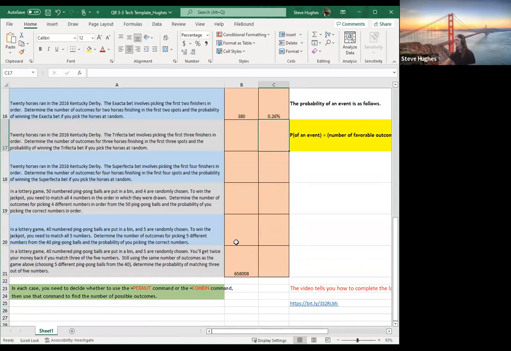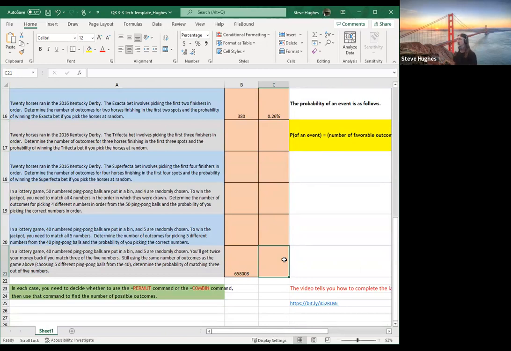And the last one, we are doing what? We are going to try to match 3 out of the 5. Okay, so choosing 5 different ping pong balls from 40 is the denominator, and I'm going to determine the probability of matching 3. I'm not trying to match 1. I'm not trying to match 2.